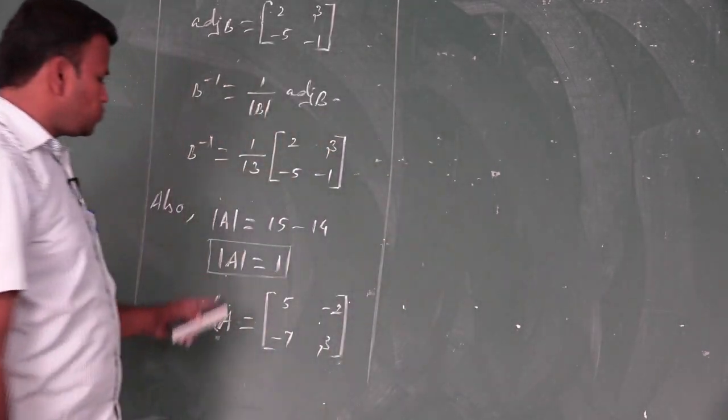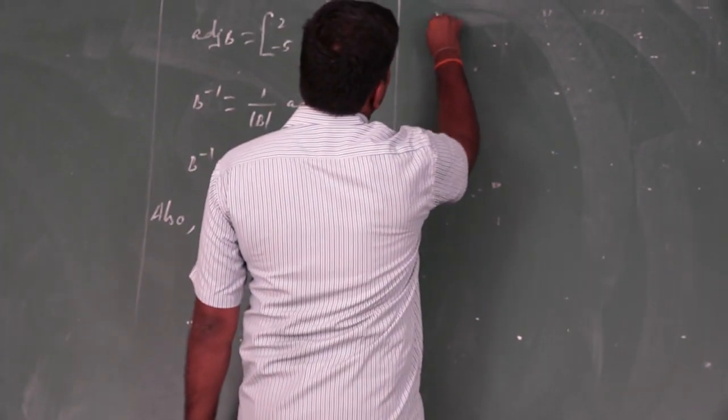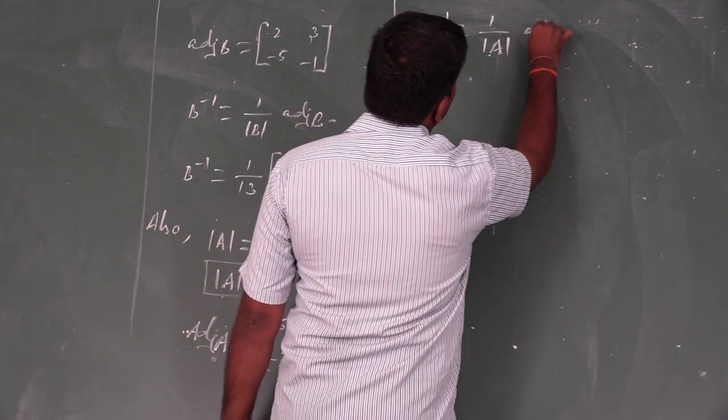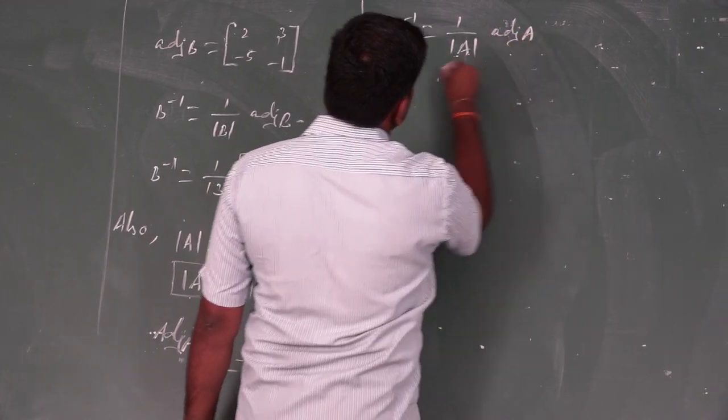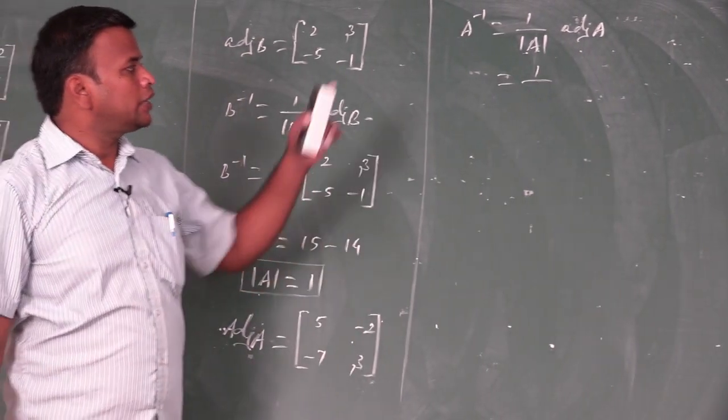Now we apply these two values in A inverse. So A inverse formula is 1 by determinant A into adjoint A. 1 by, what is the value of determinant A?